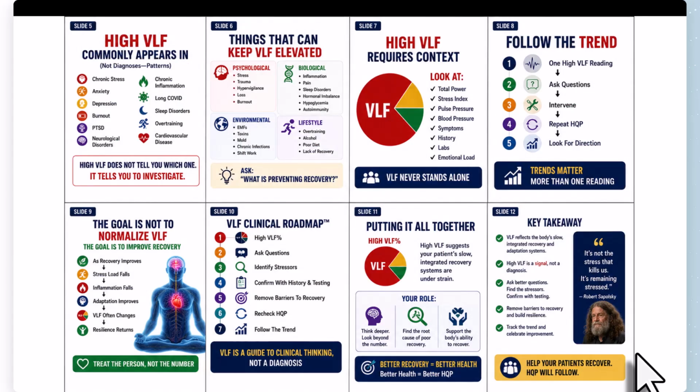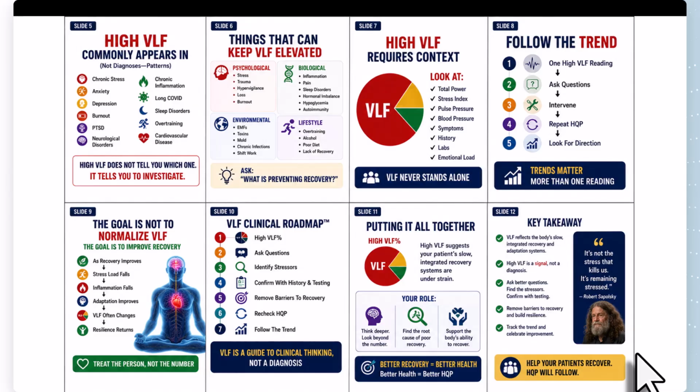And here it is. Another section here, and you kind of look through that, things that could keep that VLF elevated. Commonly appears, it's not a diagnosis, but commonly appears these patterns of chronic stress, anxiety, depression, burnout, PTSD, neurological disorders, chronic inflammation, long COVID, sleep disorders, overtraining, cardiovascular disease.